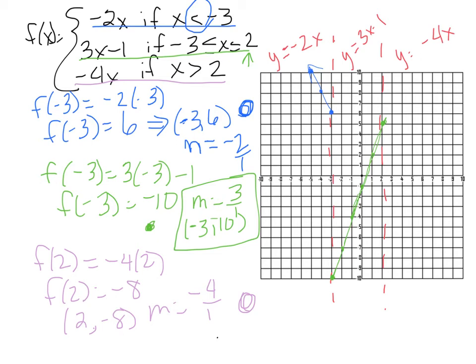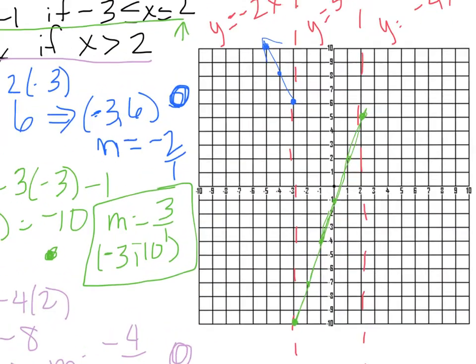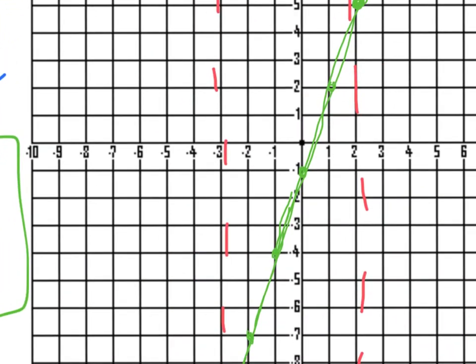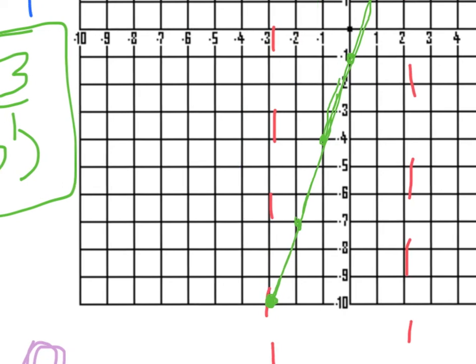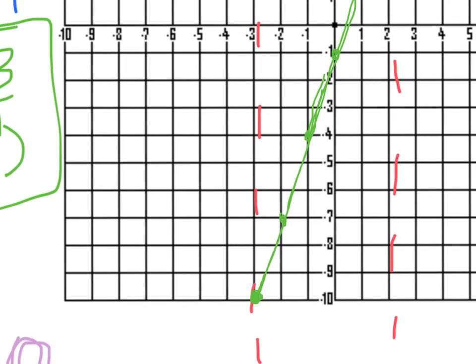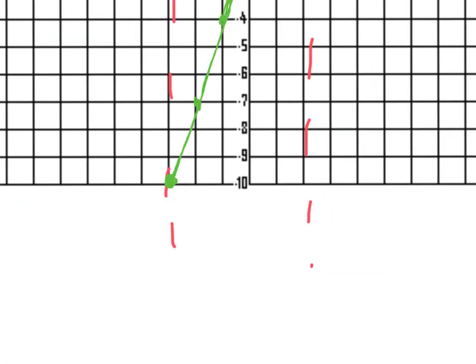So I'm starting at the point 2, negative 8. I'm going to go ahead and zoom in a little bit again so that we can make our graph a little bit more accurate. There we are. So I'm going to start at the point 2, negative 8, and I have a slope of negative 4. I zoomed in here a little bit more because with a slope of negative 4, look what happens.